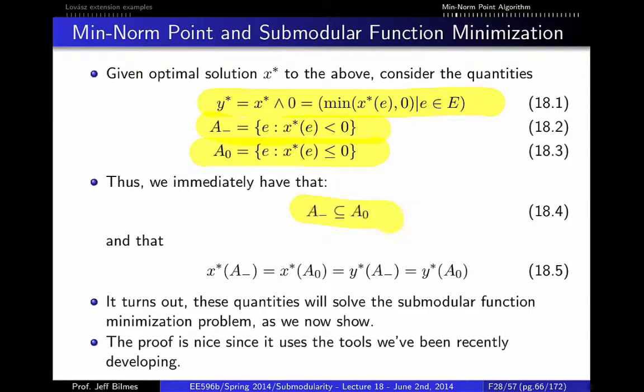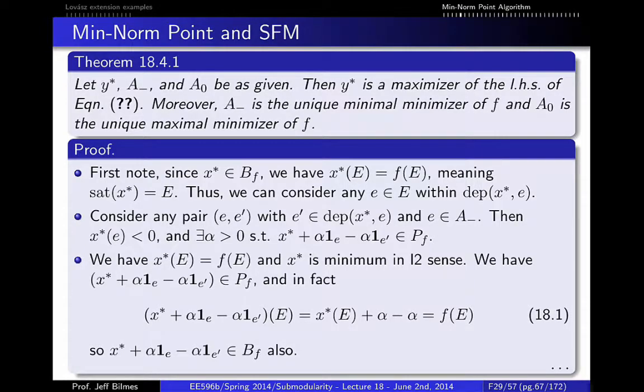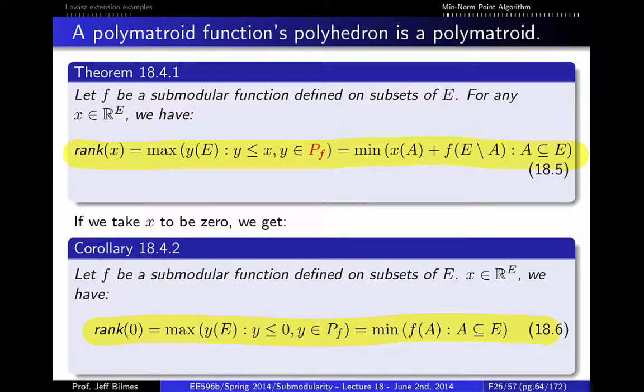And we have this relationship and all this other stuff. And basically we have the following proof: y star is a maximizer of the left-hand side, the reference problem that I've been telling you about. So y star is a maximizer of this, right?